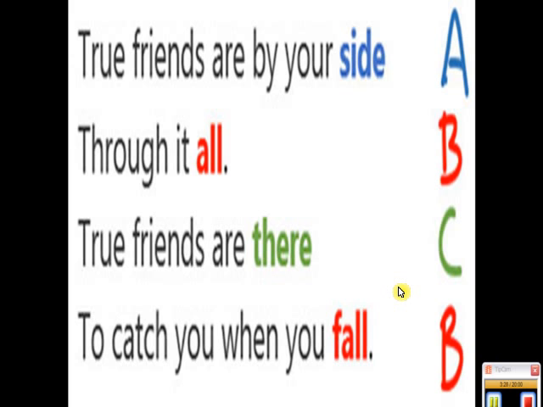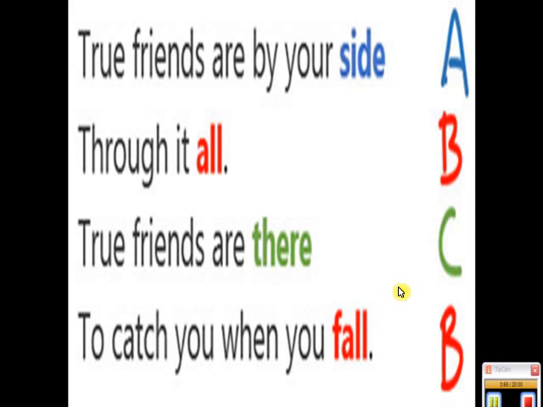And capital letter A stands for the sound side. Then you go to the word all. Through it all. Does all rhyme with side? Of course, the answer is no. So you're going to write the next letter, which is letter B, because all does not rhyme with side.